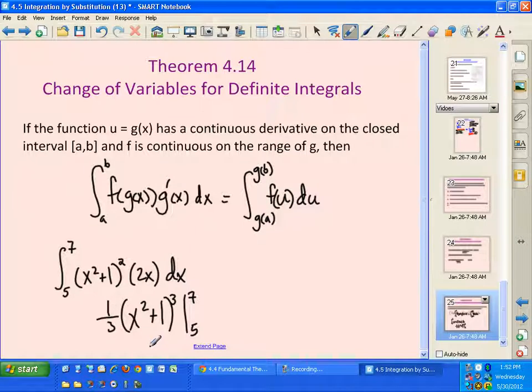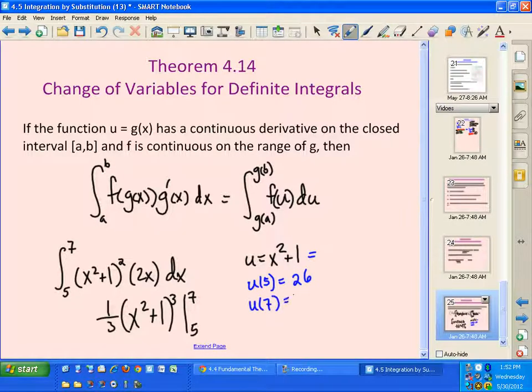Well, the other option is that when we say u is x squared plus 1, we could plug in the 5 value and the 7 value and rewrite the integral all in terms of u, because if I don't want to have to substitute back in, let's say I put 5 in, that gives me 25 plus 1, so if x is 5, then u is 26, and if x is 7, I end up with 50.